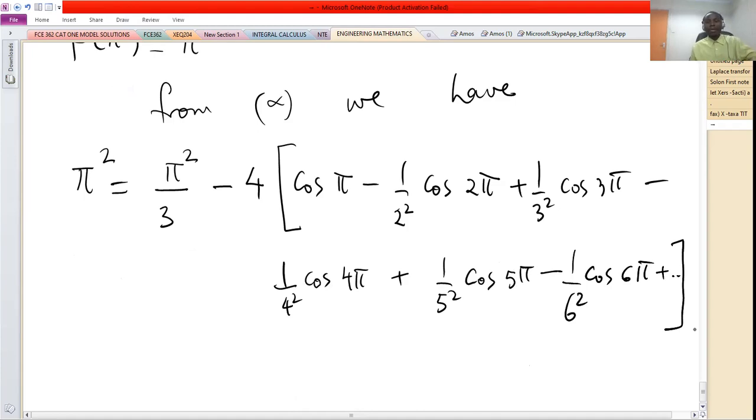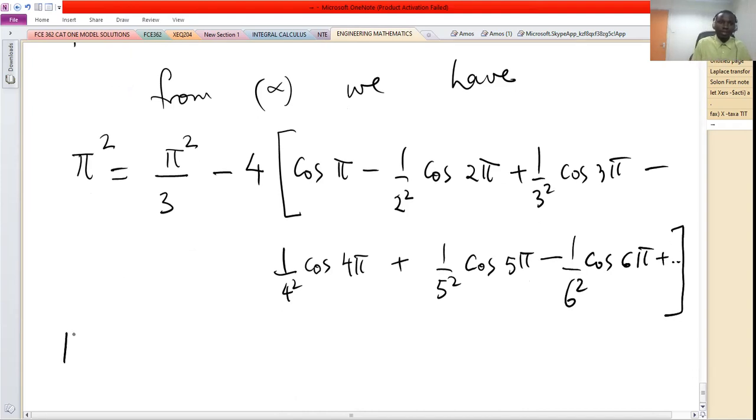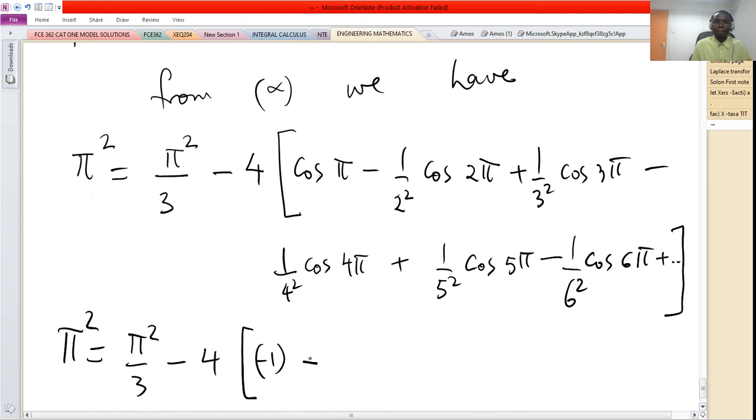Now, cosine of pi, which is 180 degrees, is -1. So we have pi squared equals pi squared over 3 minus 4 into minus 1, and then minus 1 over 2 squared into cosine of 2 pi.